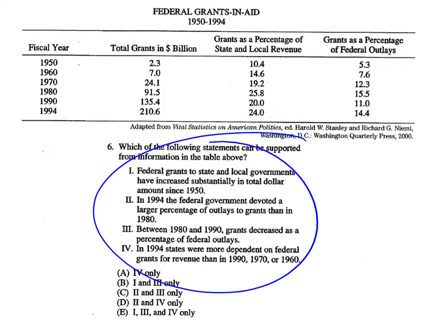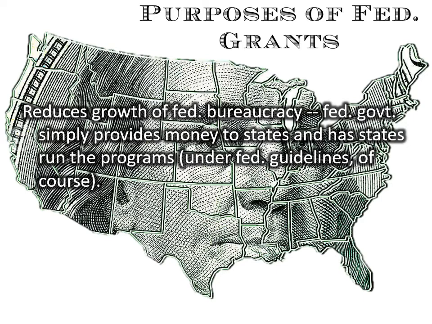You can go ahead and skip this multiple choice question and we can look at it together later for the test. Okay, so what is the purpose of a grant? The purpose of a grant is having the states do something instead of the federal government, like give them the money and let them spend the money on their own behalf. And the idea is that this would reduce the size of the federal bureaucracy.